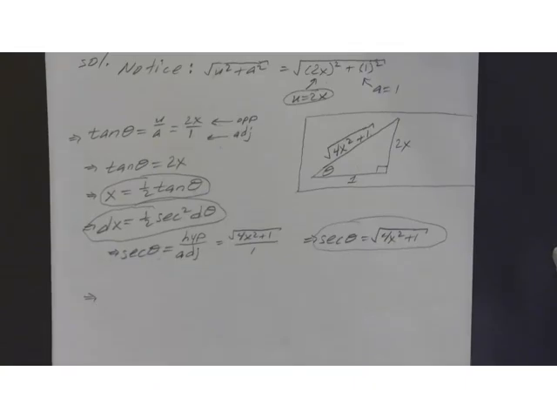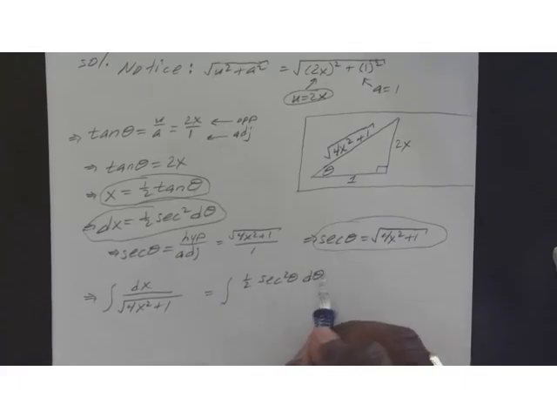Okay, now this one actually works out fairly nicely because we have our dx divided by the square root of 4x squared plus 1. We know that our dx is equal to 1/2 times secant squared with respect to theta. So we're going to replace that with 1/2 secant squared of theta d theta.